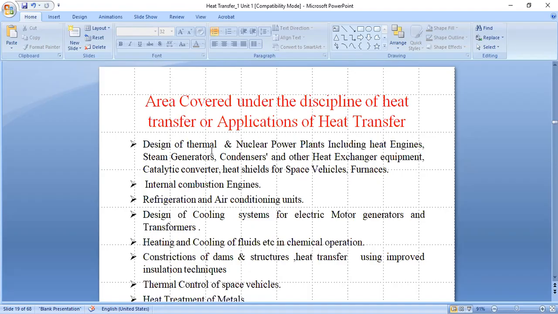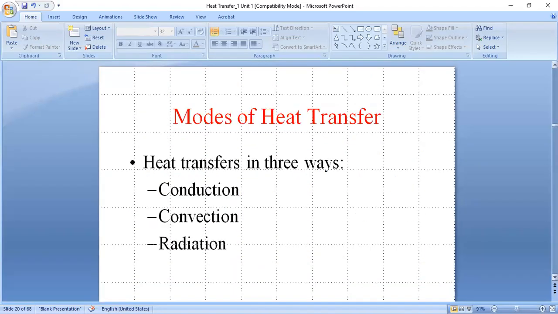Next, internal combustion engines, refrigeration and air conditioning units, design of cooling systems for electric motors, generators and transformers, heating and cooling of fluids in chemical operations, construction of dam structures, heat transfer using improved insulation techniques, thermal control of space vehicles, and heat treatment of metals.